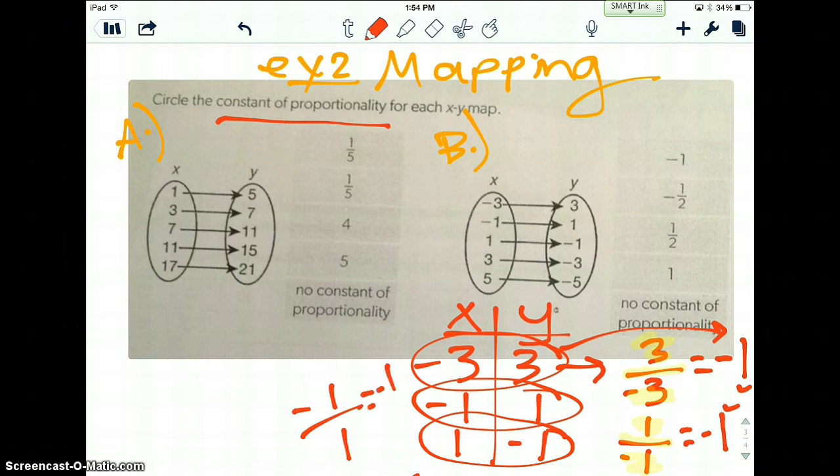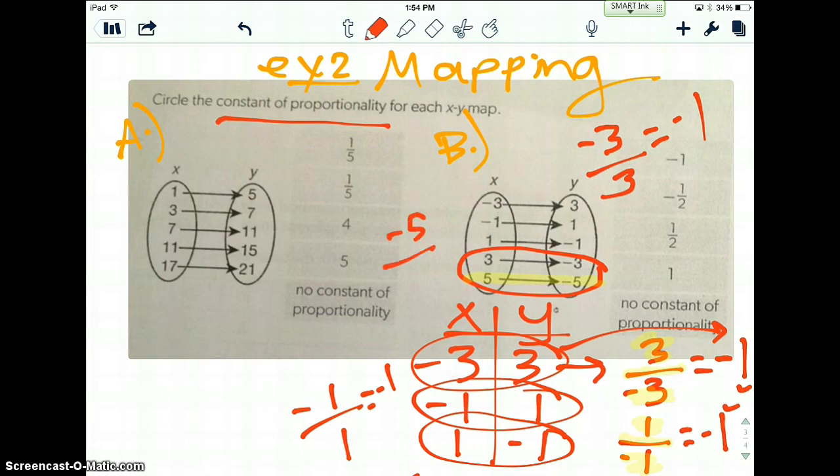It's looking good. Now the 2 that I didn't put in my table were here, so let's go ahead and try it. -3 compared with 3. If I divide those numbers out, what do you get? -1. Okay, and we need to check one more, and that's -5 to 5. And -5 divided by 5 is -1.